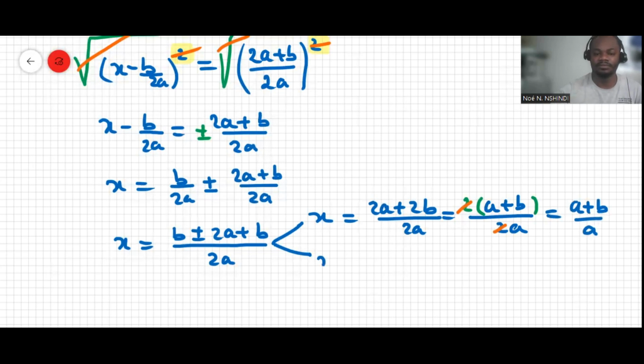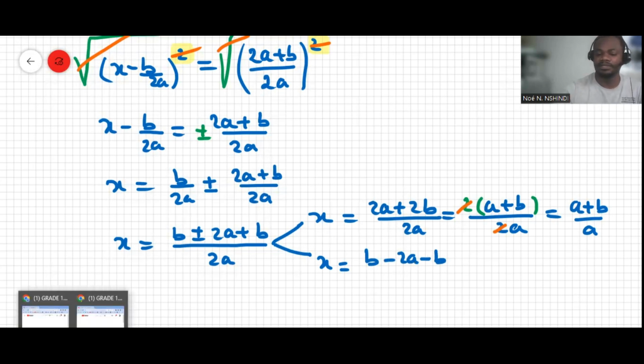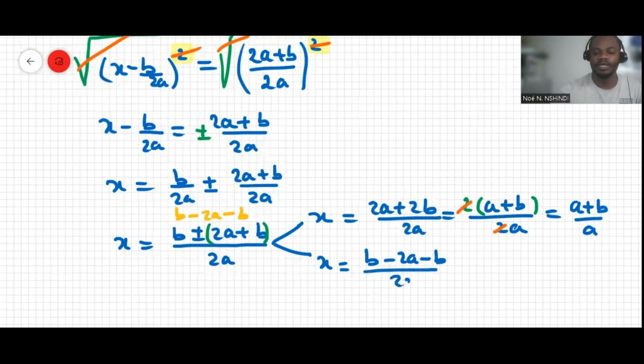Okay, on the other side, if we use the negative, we have b minus 2a minus b. Careful here, because the minus applies to the whole thing, I should have put brackets here. So we have b minus 2a minus b, all over 2a, and then here b minus b falls away, and we are left with negative 2a over 2a, which is just negative 1.